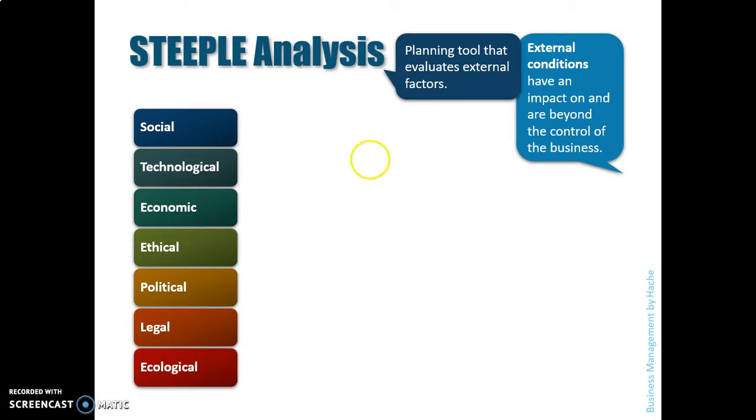So when I make a STEEPLE analysis report, this report has to be divided into these 7 factors. These big 7 groups of factors. So we present the social, technological, economic, etc. factors of the external environment, and we explain what is positive and what is negative about each of these factors in relation to the business.